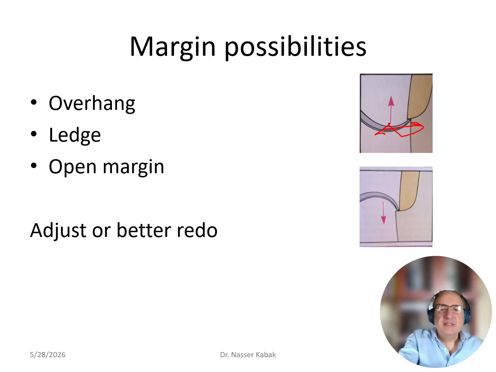The opposite is the ledge, where as you place the explorer from the margin of the restoration to the tooth, a sort of balcony, let's say, or sort of a part of the tooth which is uncovered by the restoration is also present. This is also not appropriate. And the third one is the presenting of gap. Gap presentation is also not appropriate.